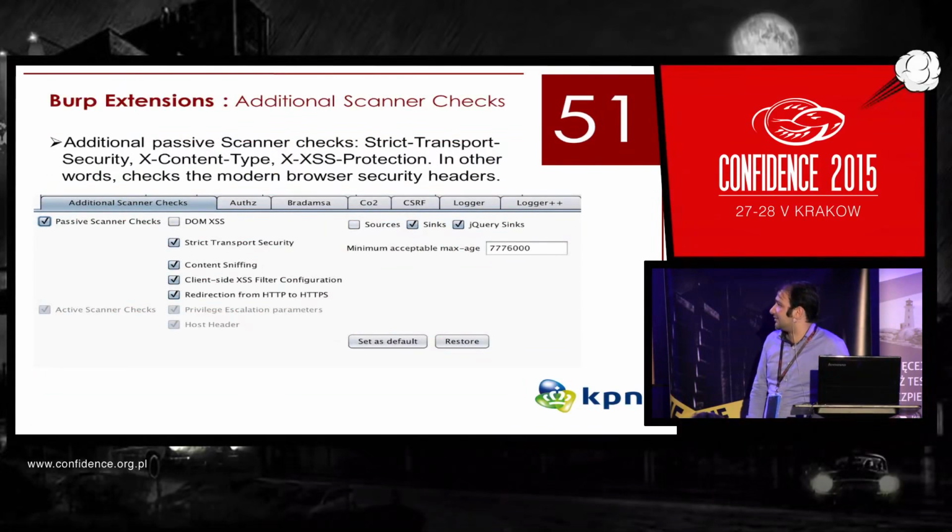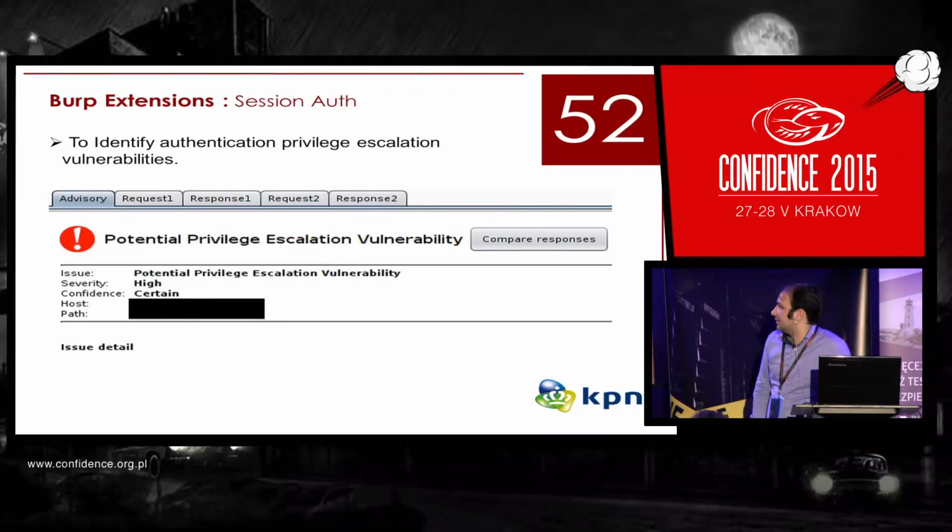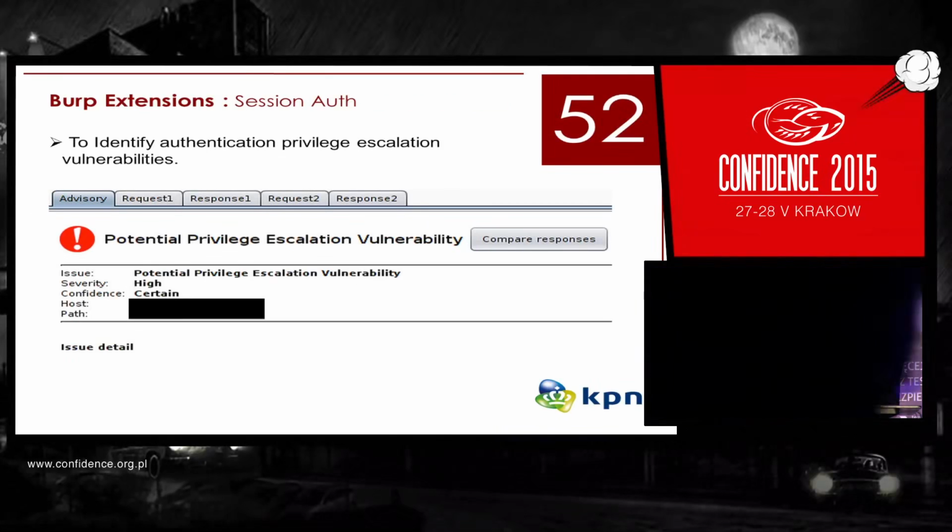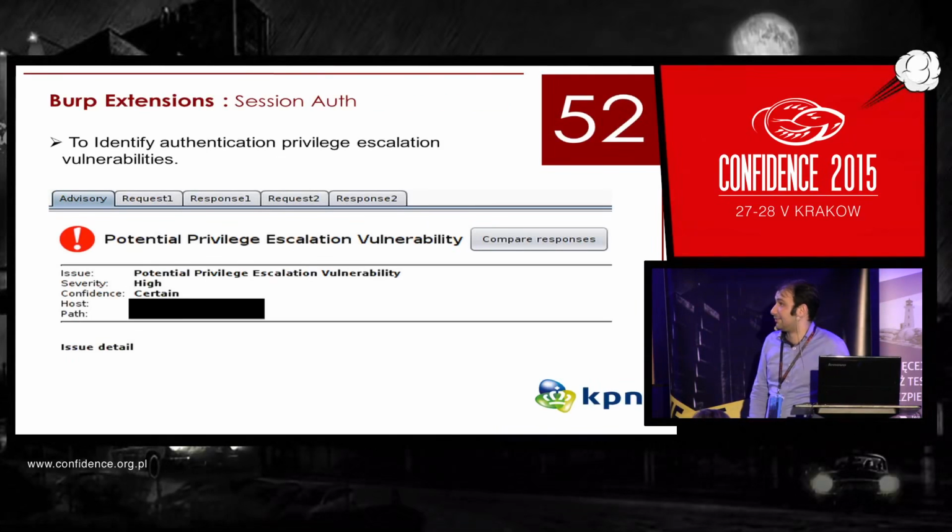An additional scanner looks like this. You can define specific actions, for example, content sniffing, client-side XSS injection, and so on, like comparing different return values to see whether there can be a potential privilege escalation or not.